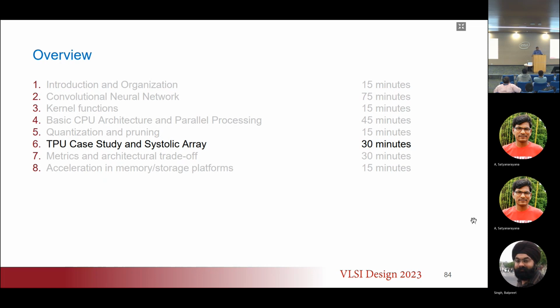Pruning really helps you when you're not doing the parallelization using vector operation, and when you're basically working on an edge device or something like that, where things are very simple and not much vectorization.